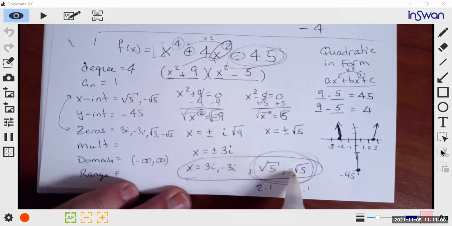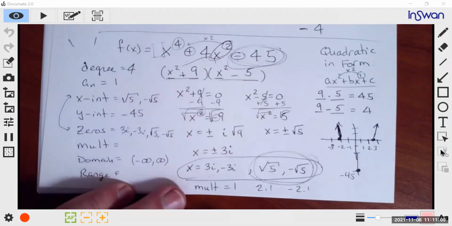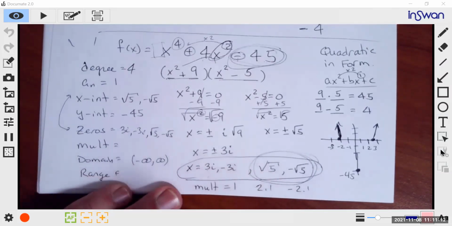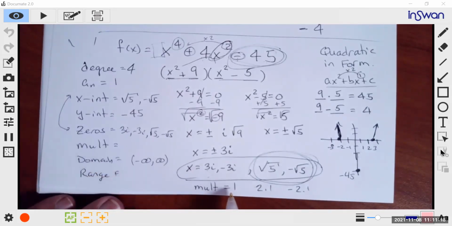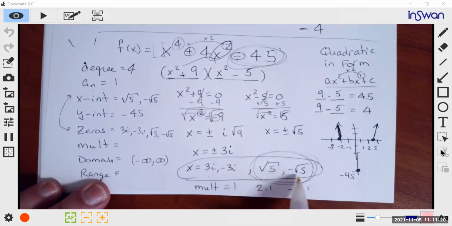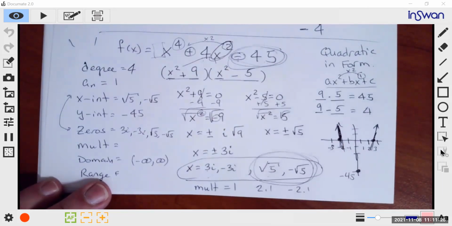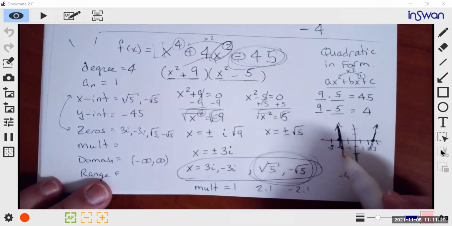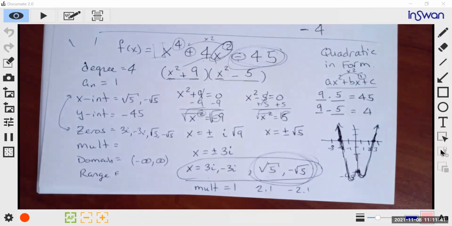Since all of these answers only appear once, their multiplicities are all 1. The multiplicity tells us how many times the answer repeats itself. So since the multiplicity is 1, that means it crosses at those points. So it looks something like this.